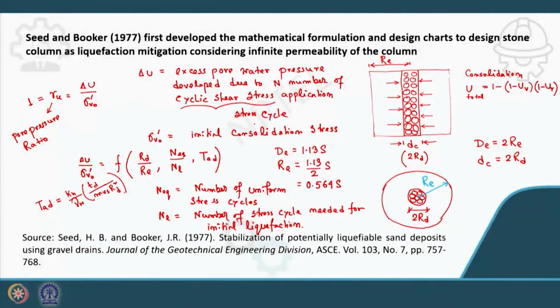And third term is the duration of the earthquake. So that is also important. If your duration is more, the possibility of liquefaction is also more. So in the next class, I will discuss how using these terms we can design a stone column improved ground considering all these effects. Okay, thank you.